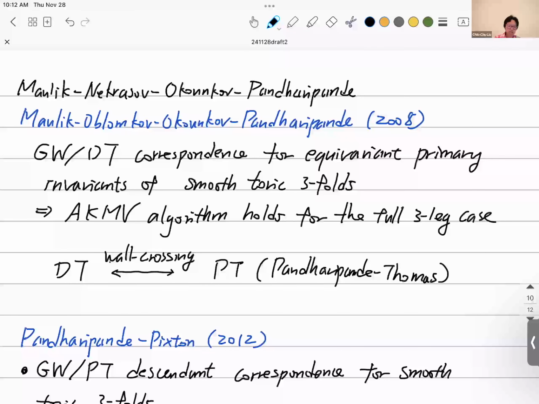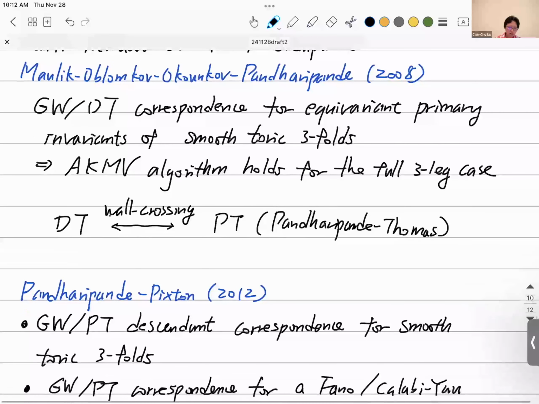In the absolute version, DT invariants are virtual counts of ideal sheaves of curves, and PT invariants are virtual counts of so-called stable pairs. They are actually related by wall crossing. By now their relationship is known.